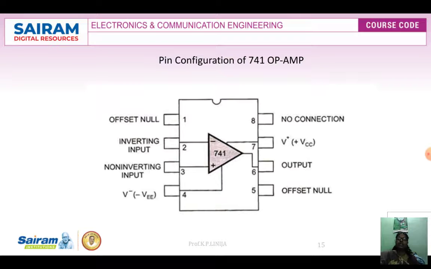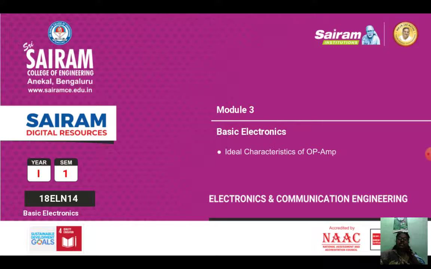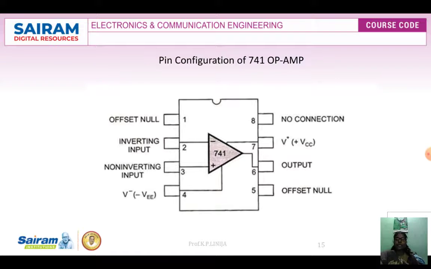Followed by this pin configuration, let us discuss the basic applications, that is, a comparison between the transistor and the operational amplifier. Why do we choose the op-amp when comparing with the transistor? The output will be very accurate, and a distortionless output can be obtained if you use the operational amplifier.